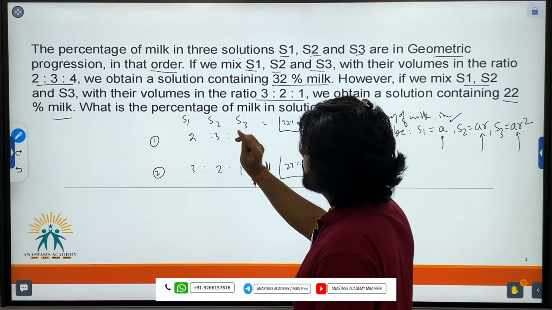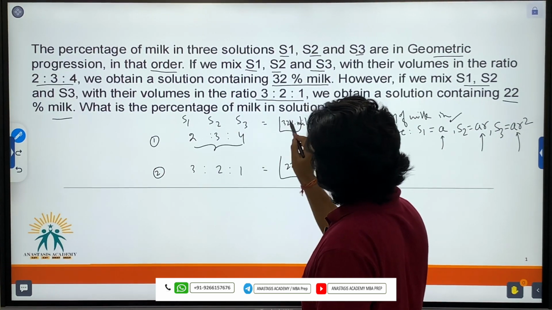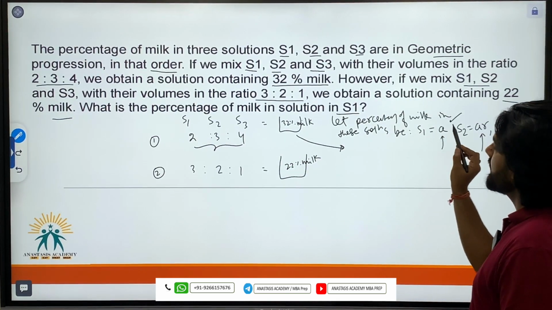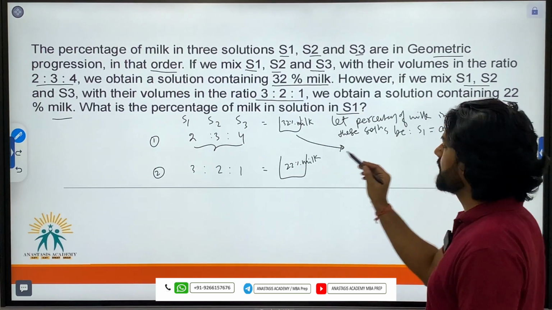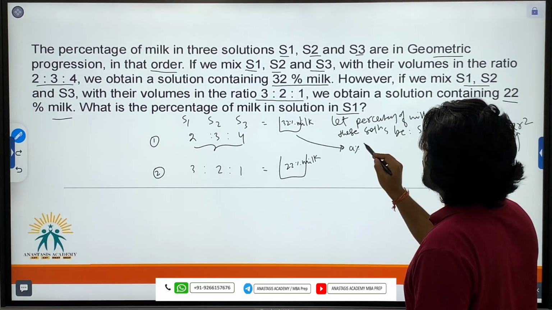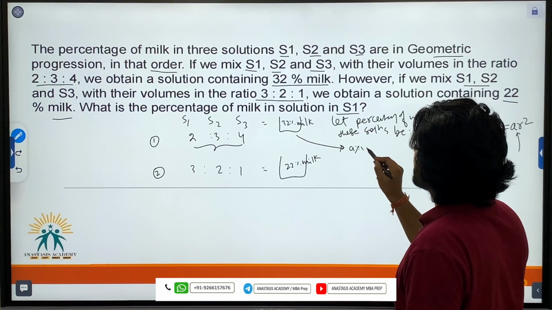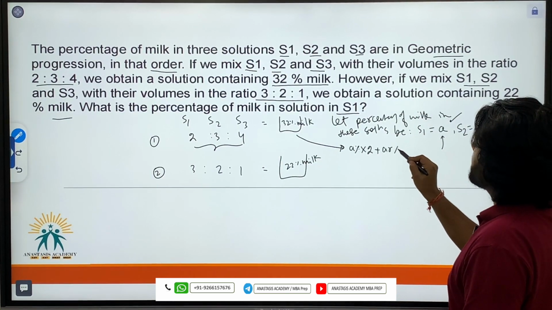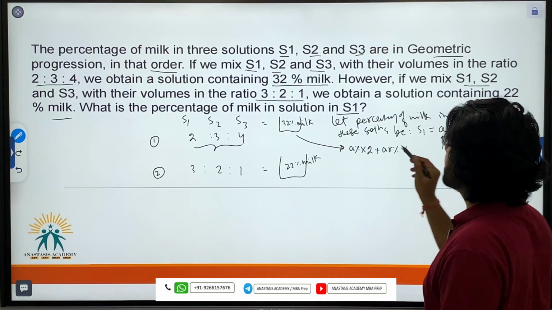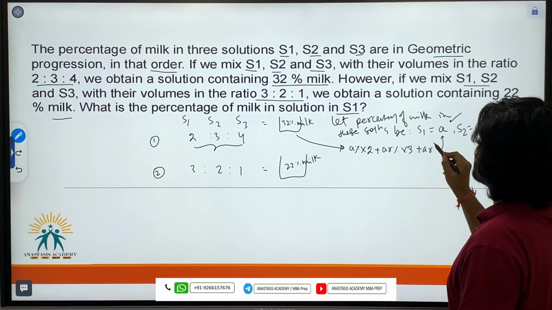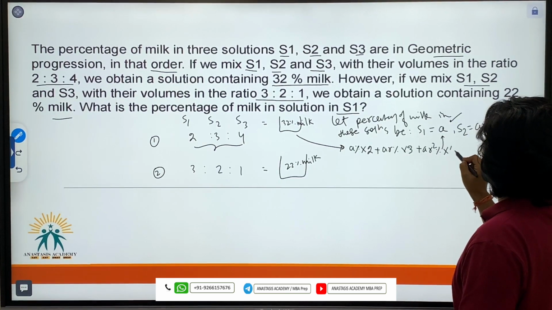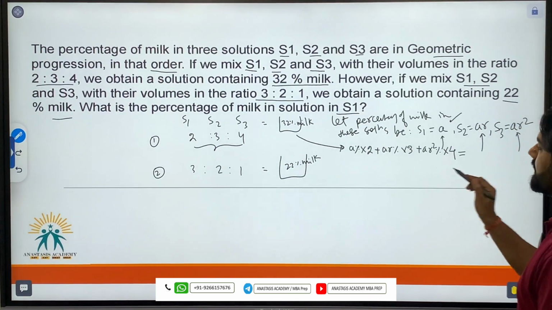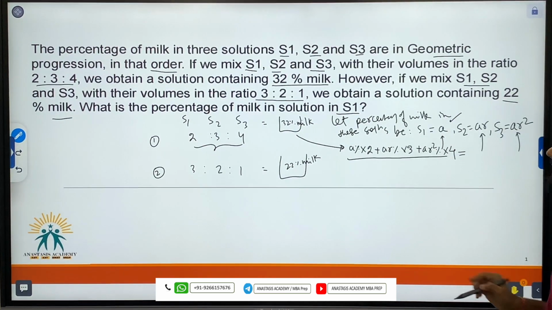Simple. S1, S2, S3 are mixed in this ratio to get 32% of milk. So S1 contains A% of milk. So A% of the volume is 2 units, when mixed with AR% milk in the volume 3 units plus AR square percentage of 4 units, are mixed to get what? 32% milk, right? It is divided by the total volume, 2 plus 3 plus 4.